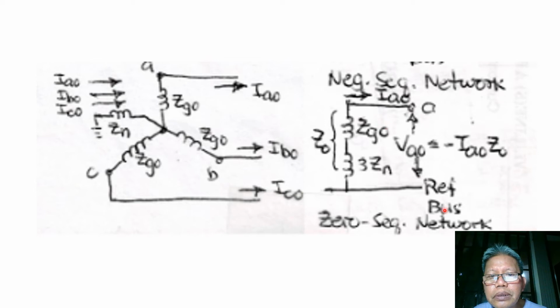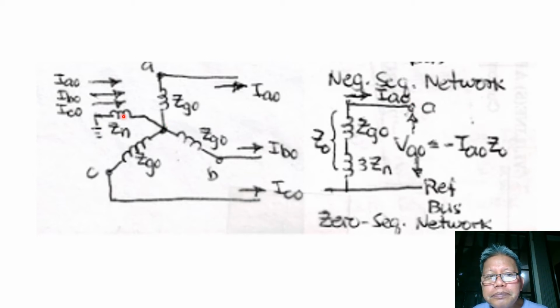If a fault is not removed, these zero sequence currents will persist to flow in the network. So for the circuit representation of the zero sequence network for our generator, we have this.